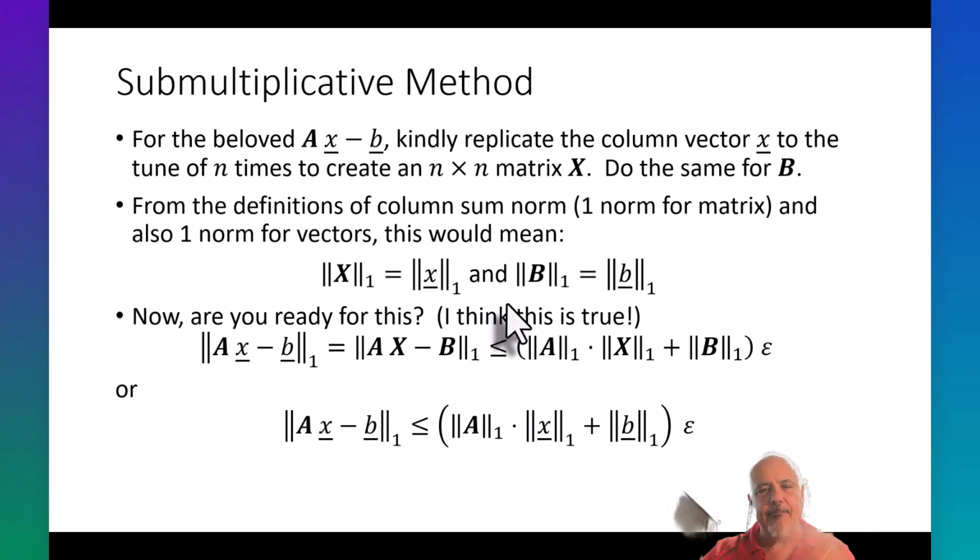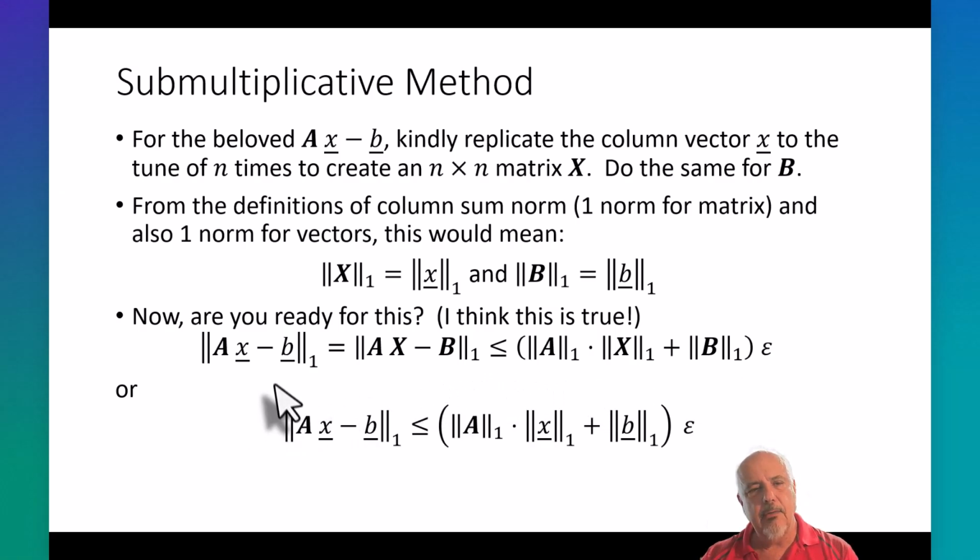And I want to say that bound is going to be less than or equal to the submultiplicative a one norm times the x one norm plus the b one norm. So that's bringing in the submultiplicativity coupled with the triangle law, and then taking all of that times the machine epsilon.